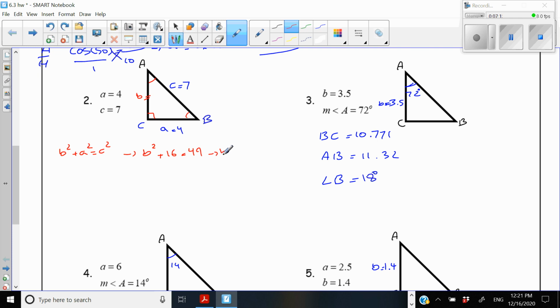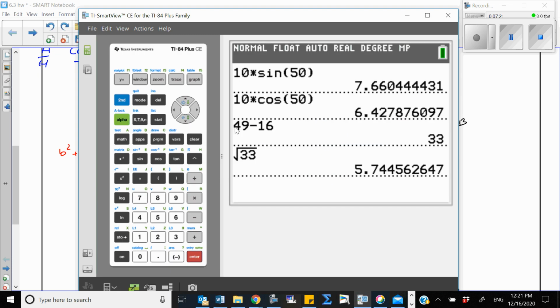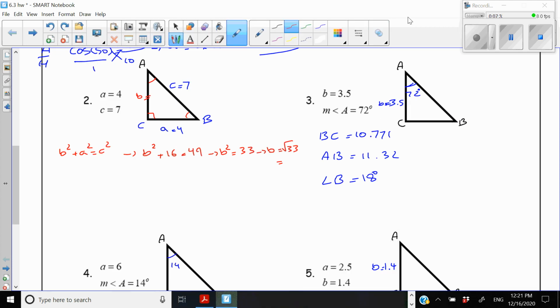Now b squared will be 49 minus 16, which is 33, and b will be the square root of 33. And let me see what is the square root of 33. Okay, the square root of 33 is 5.74. So I found one of the sides.